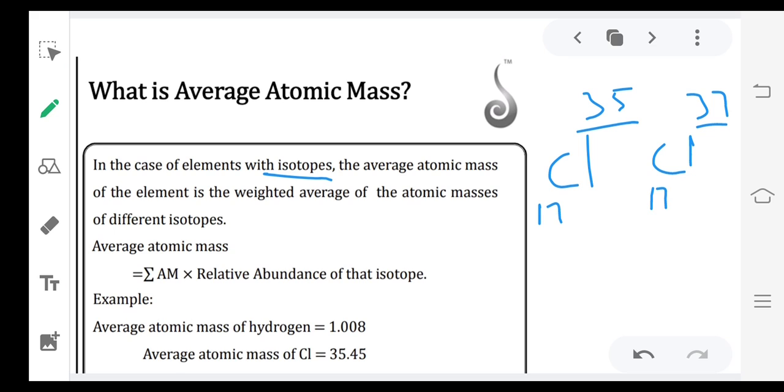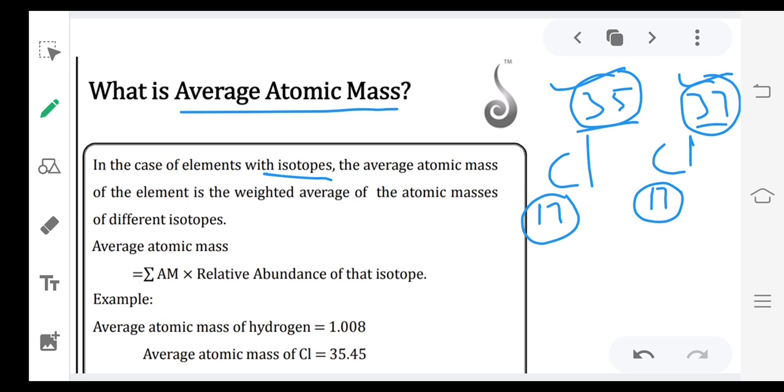In the general representation of an element, atomic number you write down, mass number you write up. So chlorine exists in the form of two isotopes, chlorine 35 and chlorine 37. Which number do you consider as atomic mass, 35 or 37? In such cases, we have to use average atomic mass.